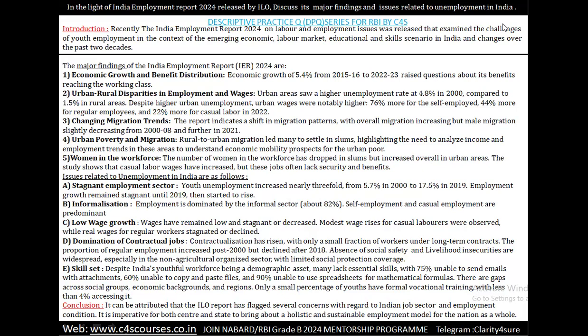The next point is about informalization. As we are all aware, more than 80% of the workforce in our country is dependent on the informal sector. So this kind of self-employment and casual employment is very predominant in India. This point wants to say that as more and more informalization happens, more of the workforce will be deprived of the social safety net.